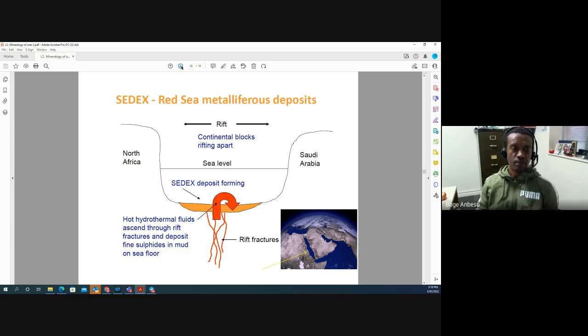This mud can accumulate over many years, but the difference between this and the VMS is that the SEDEX are layer by layer by layer kind of deposits, while the VMS deposits are simply fine disseminations of sulfides accumulating over a long time.